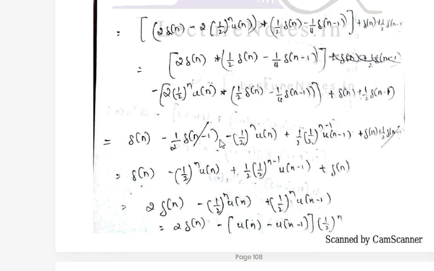So this half del of n minus 1 is cancelled with this, and the remaining term is this one, and when we go for solving this one, we get 2 del of n terms, half raised to n u of n, and this 1 by 2 raised to n minus 1 u of n minus 1. This is the solution. Solve such kind of problems, and we'll discuss the next problems in the next video.